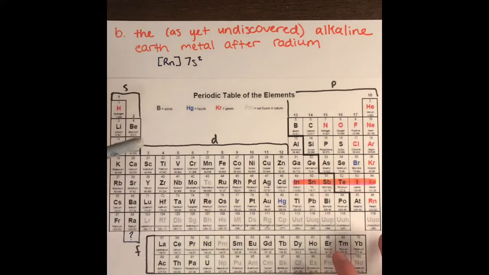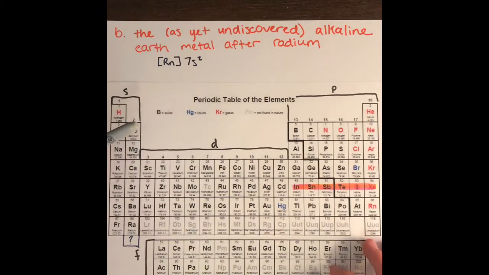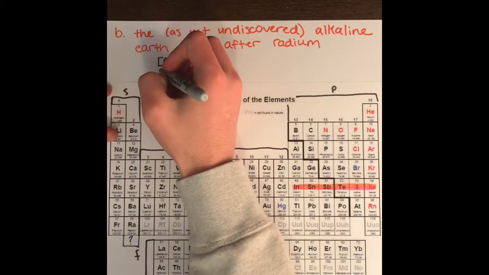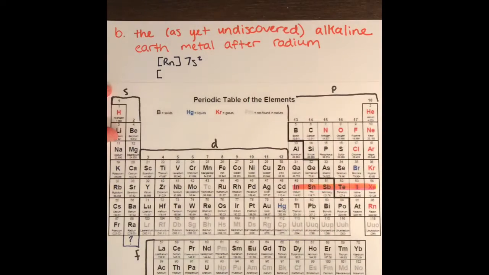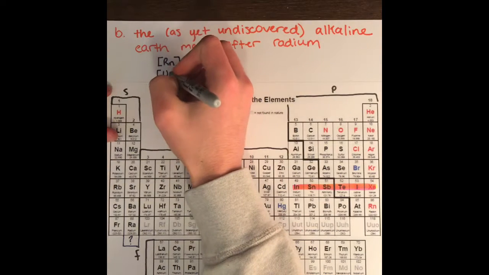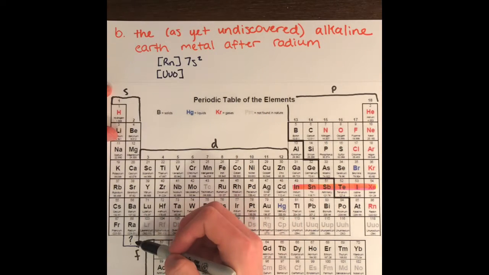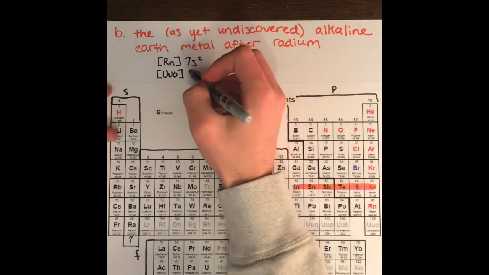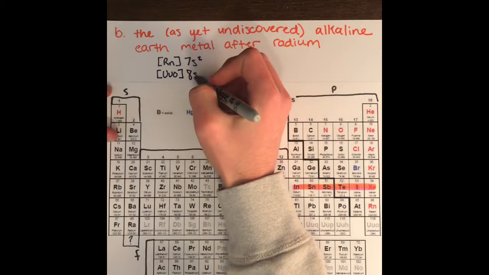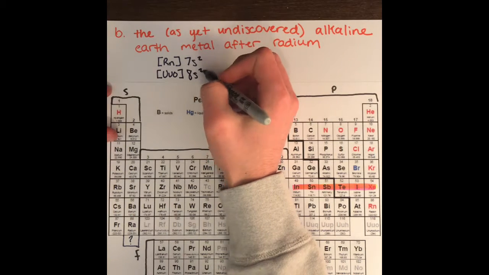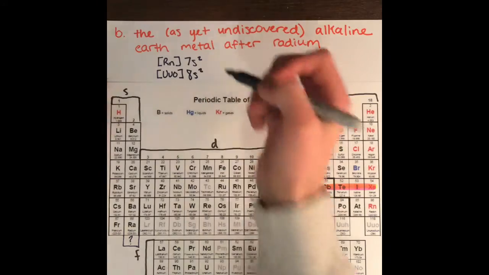Except for this electron configuration, we're going to use this new element as the abbreviation instead of radon, because it is down at the next quantum level. And now it is in the 8th quantum level, still with the s orbital filled. And that is your answer.